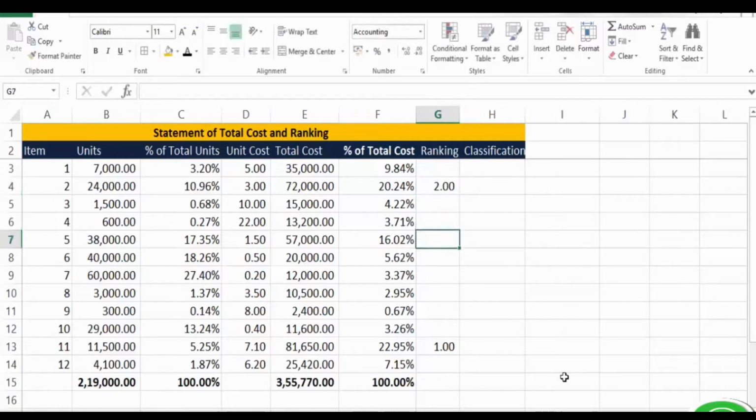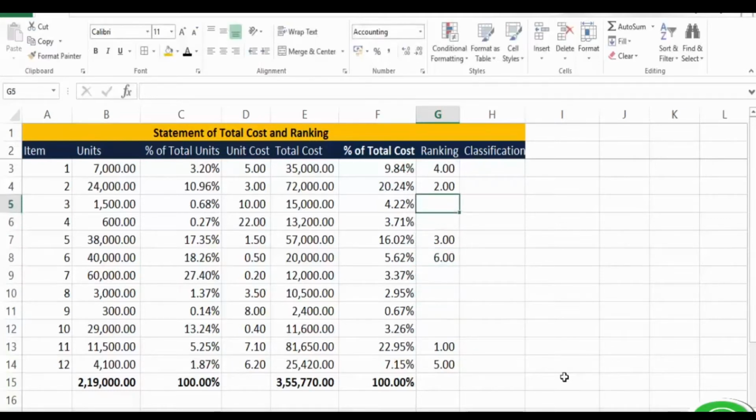Third rank should go to 16.02%, the next lowest. Then fourth rank can go to, let's see where we have, so probably this can be the fourth rank, and fifth can be with 7.15. Sixth rank can be for 5.62.